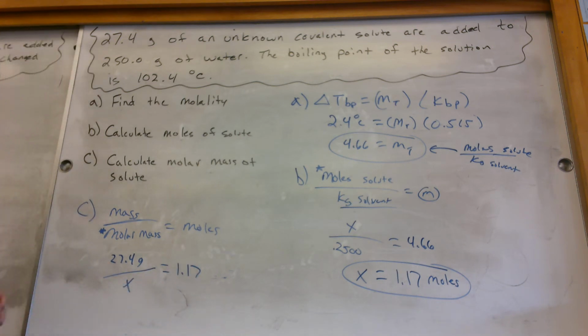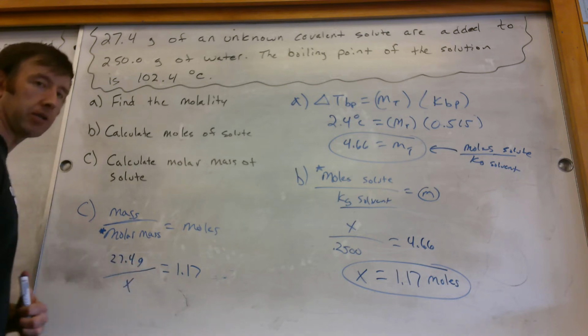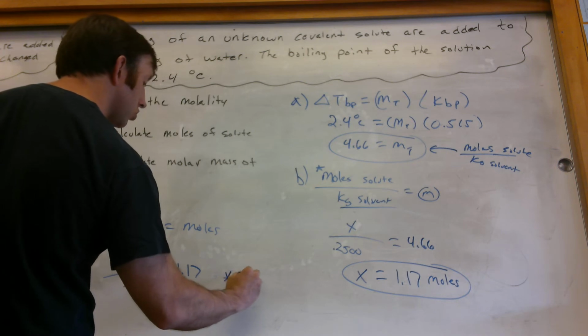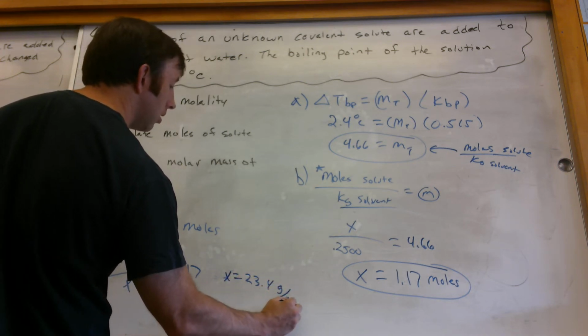A little algebra trick: I flip-flop my 1.17 and my x and divide, and I get x equals 23.4 grams per mole.